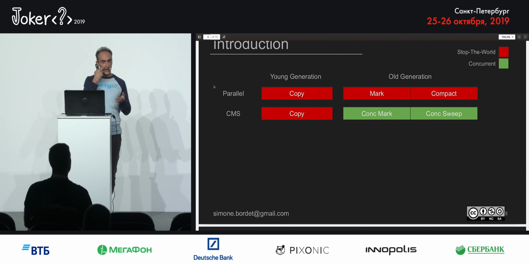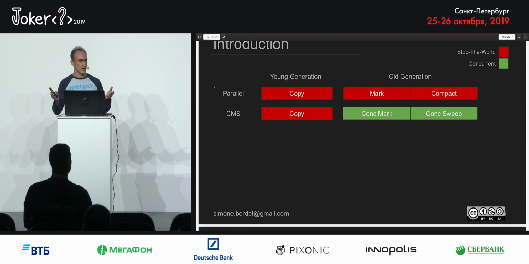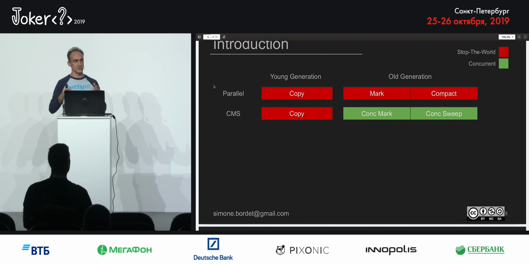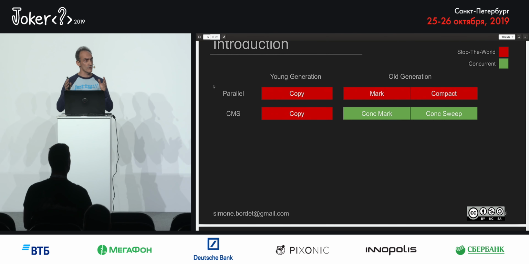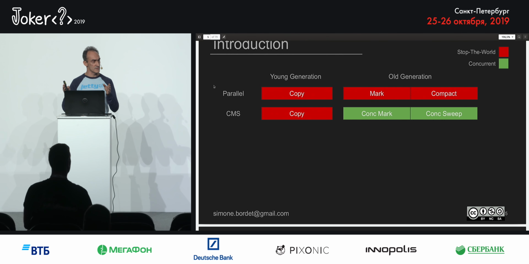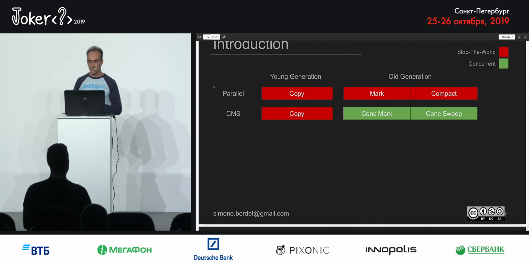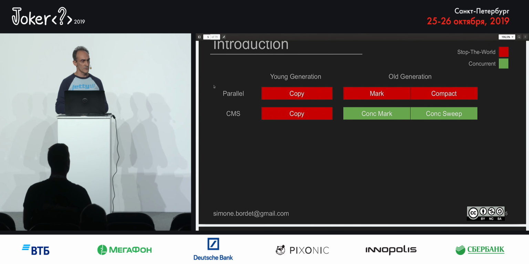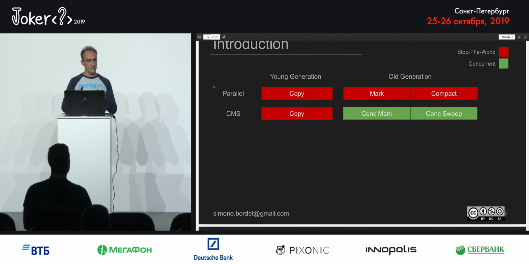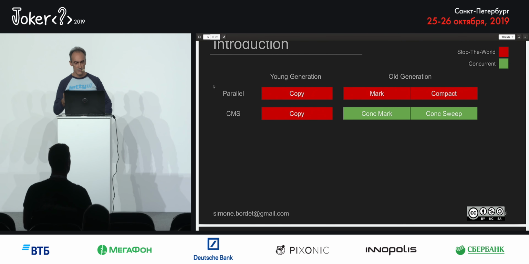But if you are trying to allocate, for example, a very large array because you received a very large JSON payload, then you may not have the contiguous space necessary to allocate the byte array for the JSON payload. So at that point, CMS falls back to a full garbage collection, and that's really slow again. So the big problem for CMS is fragmentation.